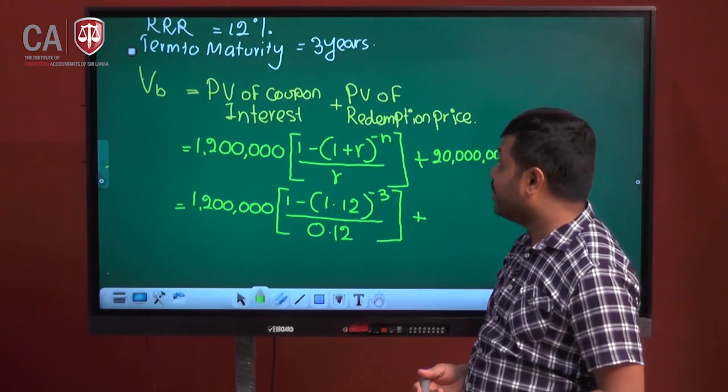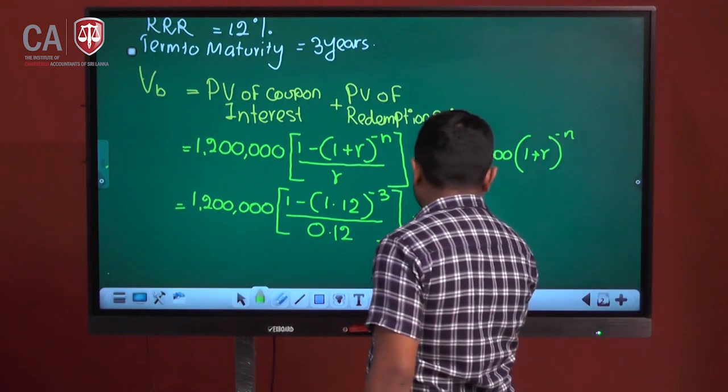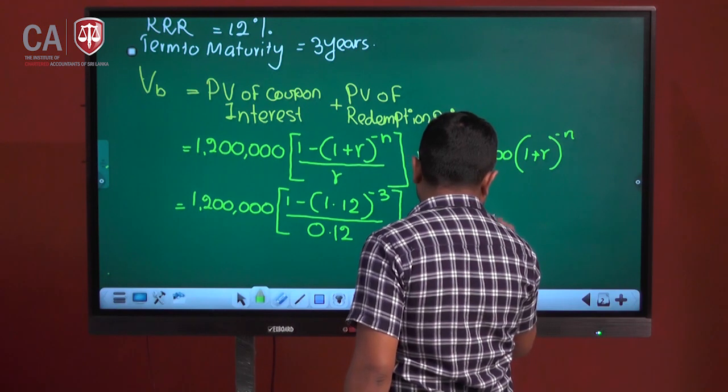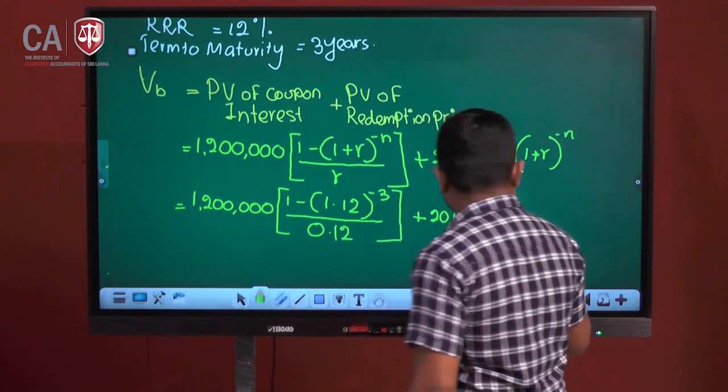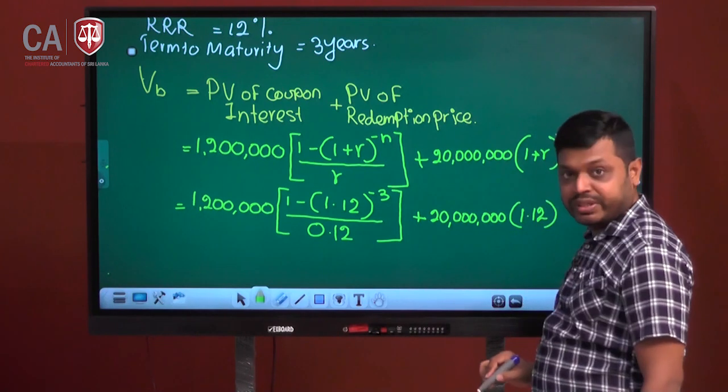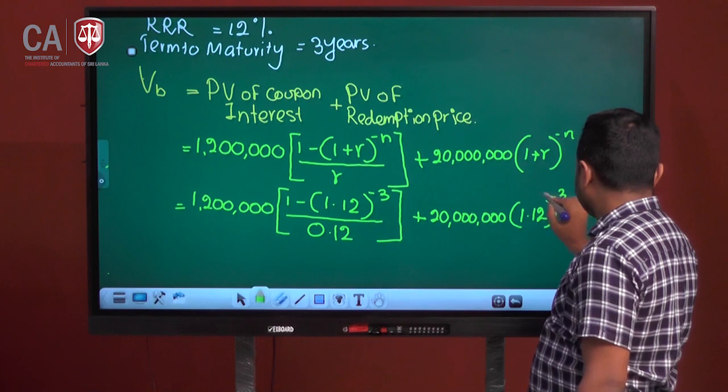After 3 years it will be redeemed. Therefore, 20 million into 1.12, that is required rate of return 12%, power minus 3.